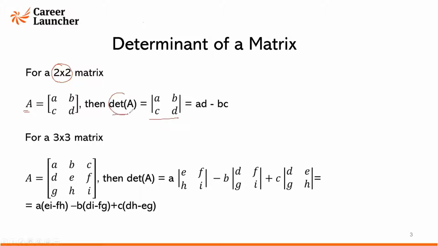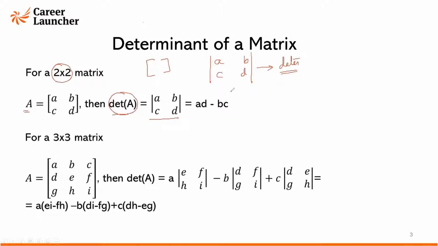It is written as det in brackets capital A, that is det A. It can also be represented as A, B, C, D, just like a matrix, but in place of a square bracket, you use two straight lines like this. This represents the determinant of the elements given here.